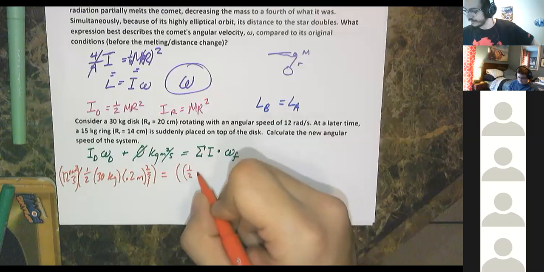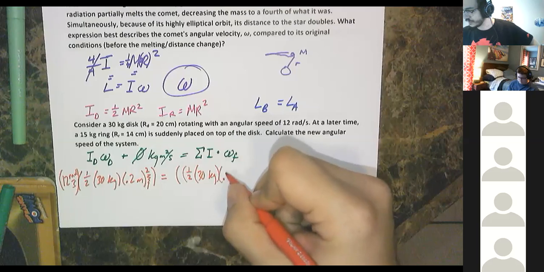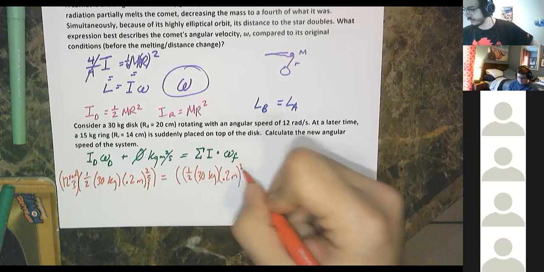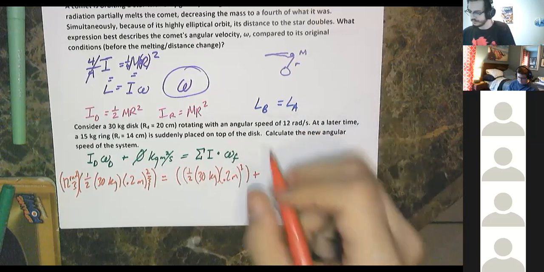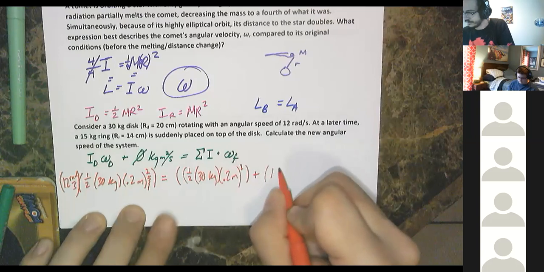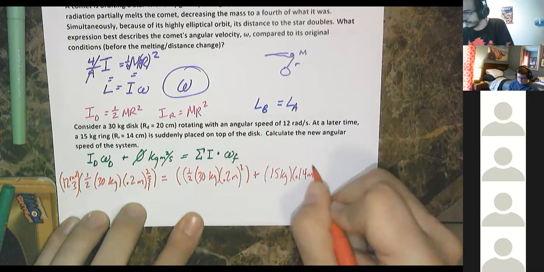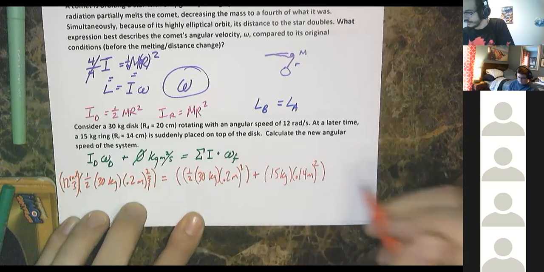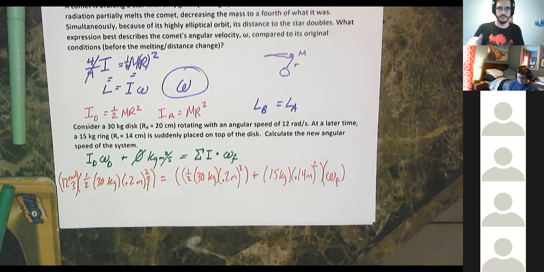So one-half, 30 kilos times 0.2 meters squared, plus 15 kilos times 0.14 meters squared, times our final velocity we would like to know.